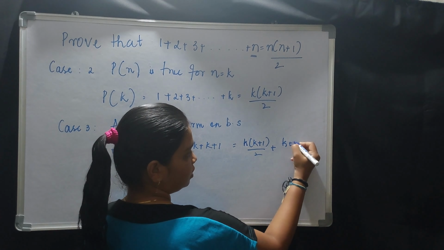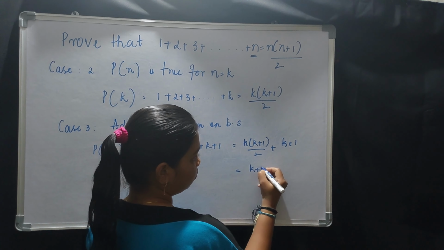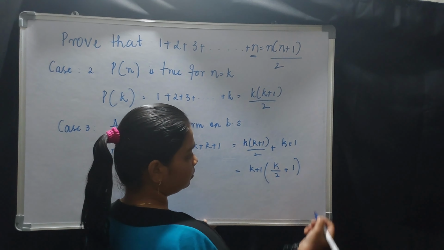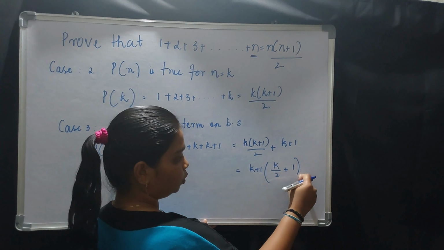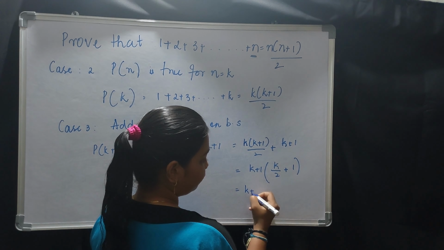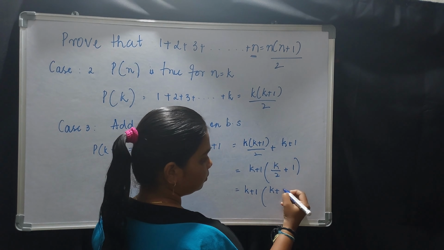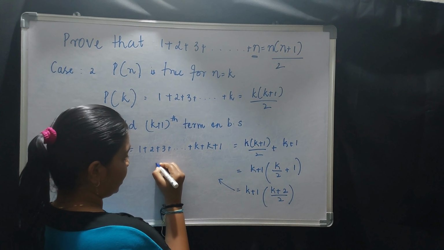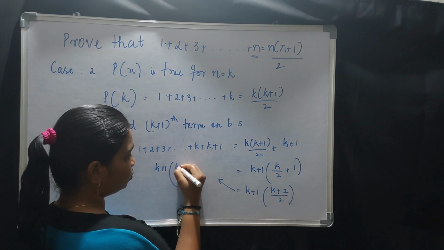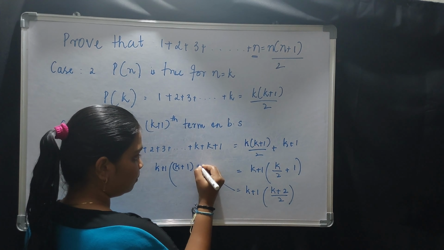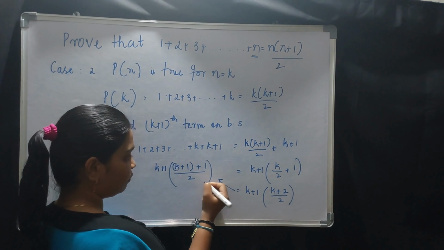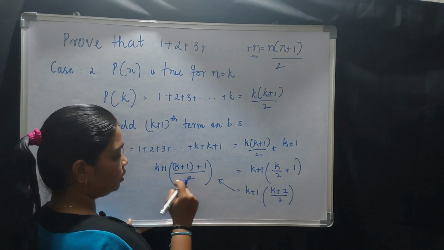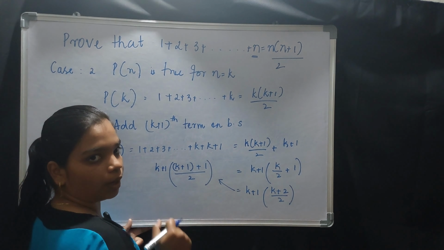I'll take k + 1 outside as common for both the terms, and it will become (k + 1) into (k/2 + 1). Furthermore, if I write, it will become (k + 2)/2. After this step, we can write this as (k + 1)(k + 1 + 1)/2, which means k into (k + 1)/2.